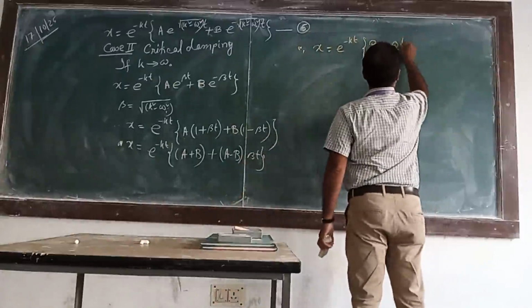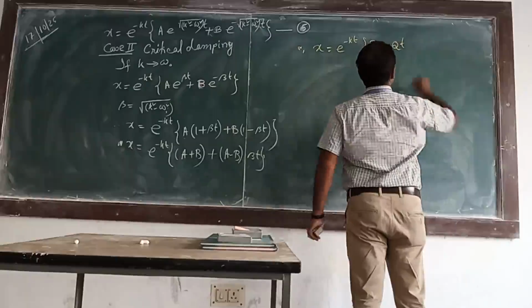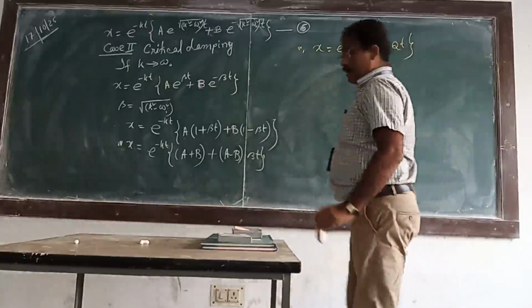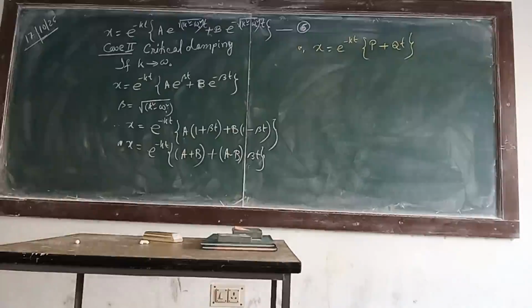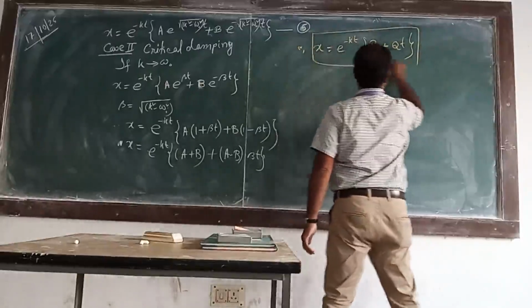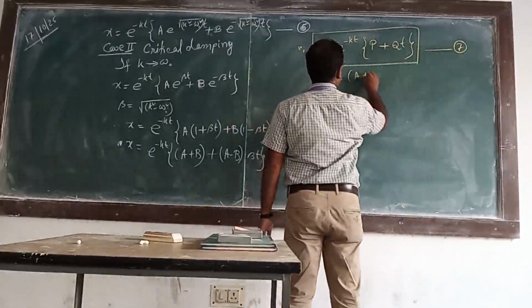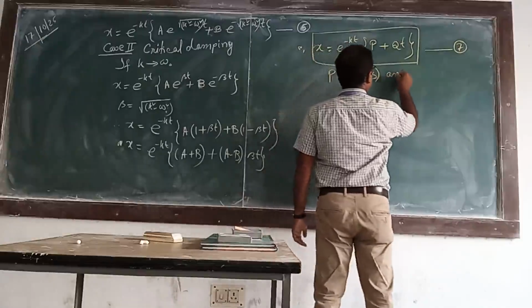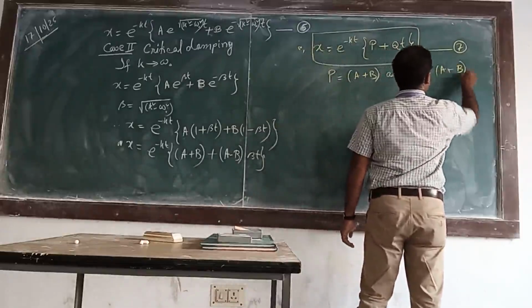So x equals e to the power minus kt into (p plus qt), where p equals a plus b and q equals a minus b, two constants again.